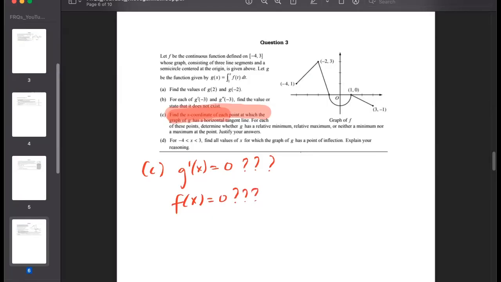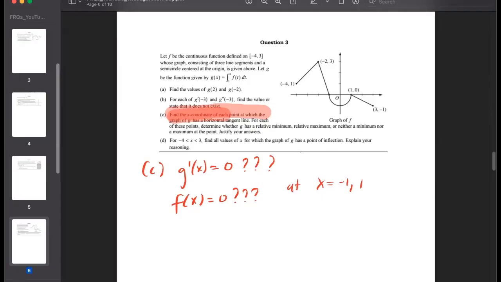All we really have to do is look at our graph, and you can tell that f of x is equal to 0 at x equals -1 and 1, because that's when the graph has x-intercepts. And now they want, for each of these points, -1 and 1, to determine whether it's going to be a relative minimum, a relative maximum, or neither.